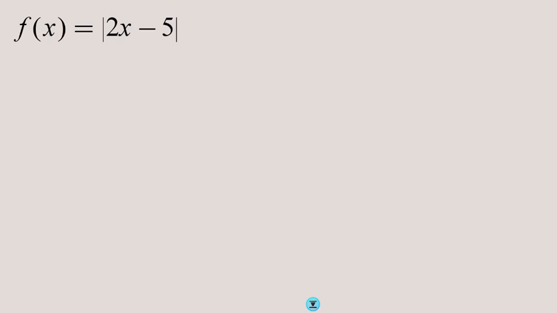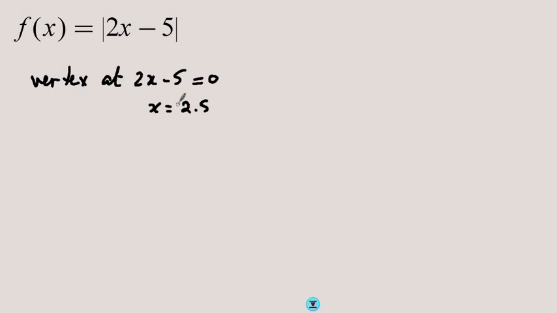Let's sketch this very quickly without having to worry about squares, and let's redefine it. I know that the vertex will be at 2x minus 5 equals 0. And that gives me that x equals 2.5.